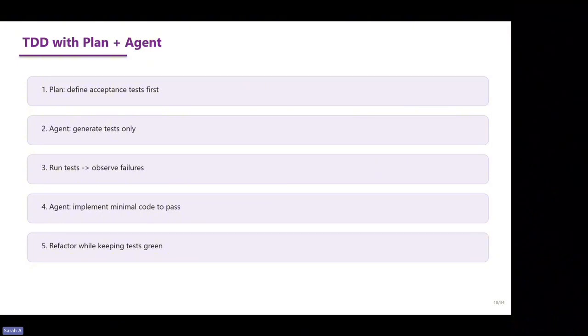For example, when I create a task without a title, my API should return error 400 or whatever error it is. Then step 2, you ask the agent to generate only the test files, no code yet, just the test files alone. Then step 3, you run those tests, and every single test is supposed to fail.